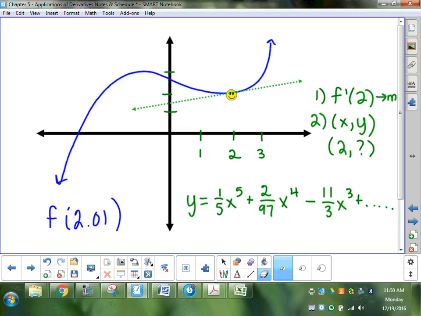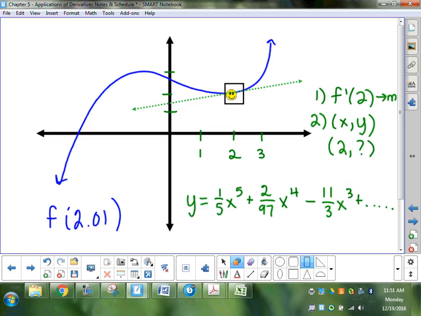But what you can do is say, even though I don't know what the function's doing at about 2.01, which is just past 2, you do know what the tangent line is doing at 2.01. This right here, so 2.01 would be right close to it.